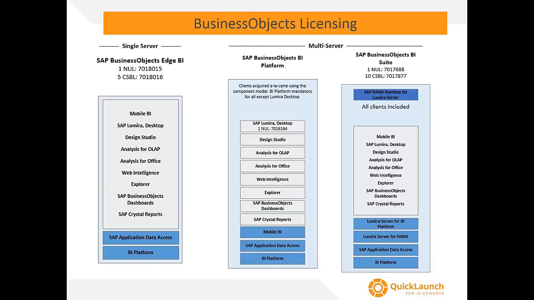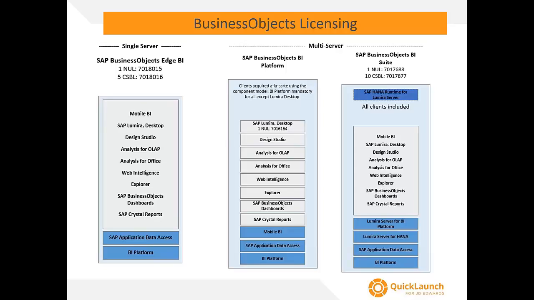You can license that by licensing a separate license of Lumira Server. In today's price, Lumira Server costs the same amount as Edge. So to license the BI platform for Lumira, it's going to force you to almost double up your licensing. Crazy? Will that ever change? Maybe, but we've got confirmation that is the current licensing model there.